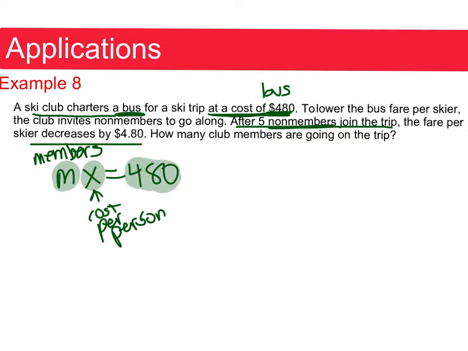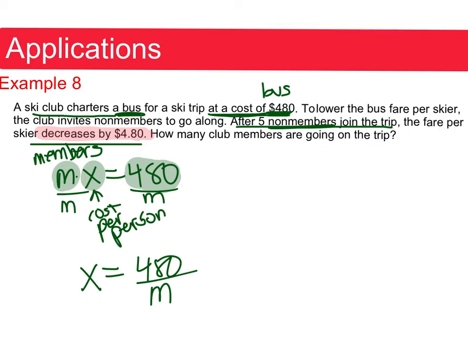So the number of members times the cost per person equals $480. So $480 is the first total. That means if only members went, the cost per person I could divide by M, divide by the number of people. So that cost per person would be 480 divided by the number of members. But they said that that cost now is going to decrease by $4.80 after 5 non-members join.